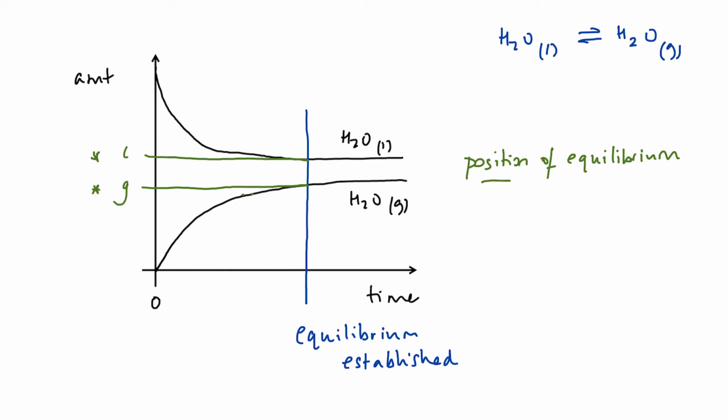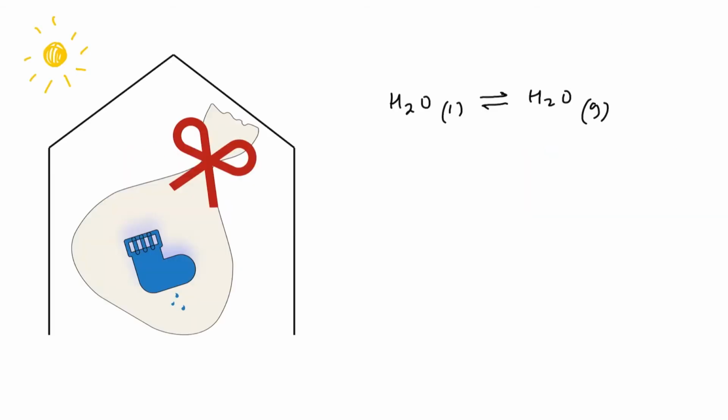So let's explore this idea of position of equilibrium a little more closely. I've placed my bag in a greenhouse on a hot sunny day, and as the temperature rises, we would expect the rate of evaporation to increase because at higher temperatures, the air can hold more gaseous or vaporized water. But after a certain amount of time, remembering that this is a closed system, we will establish a new equilibrium where the rate of both the forward and the back reaction become constant once again.